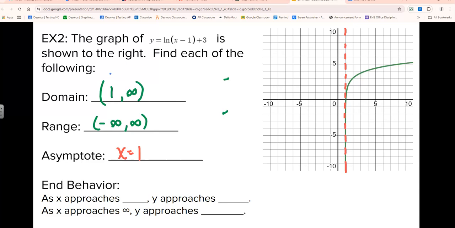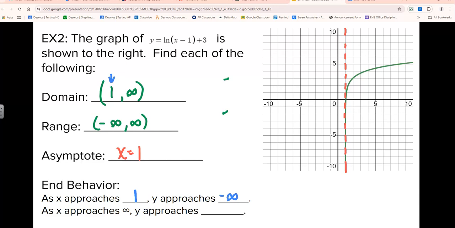So if I look at my left side of the domain, this number right here, that's the number that goes here. So as x approaches 1, because we don't go past 1, we don't go to 0, we don't go to negative 10, negative 1,000, negative 1,000,000. But this still means the left side of my domain. So if I start in the middle here and I go to the left, do I go up forever, down forever, or level out at a number? Down forever, that means I should put negative infinity right here.